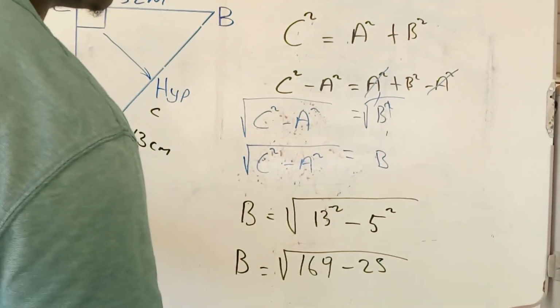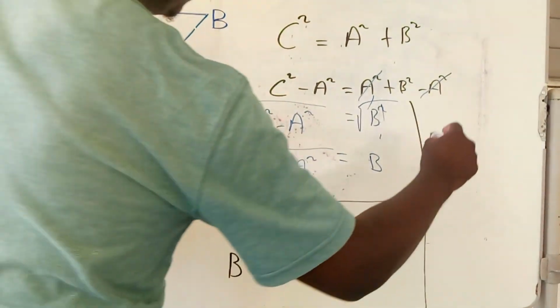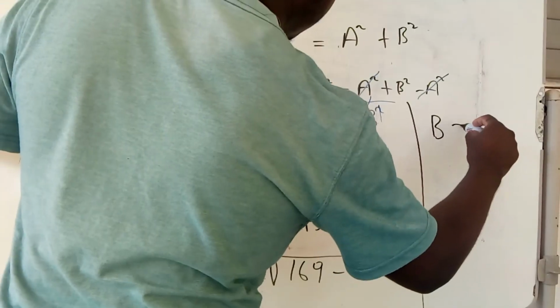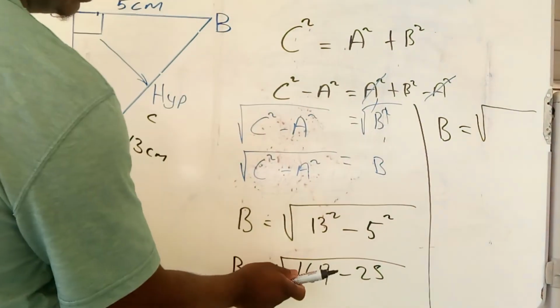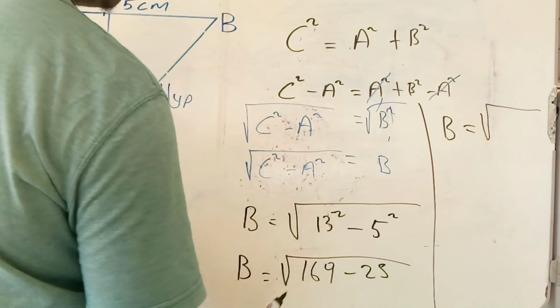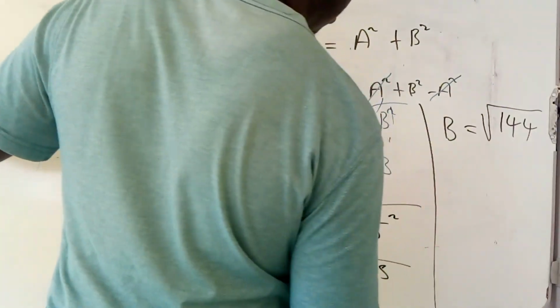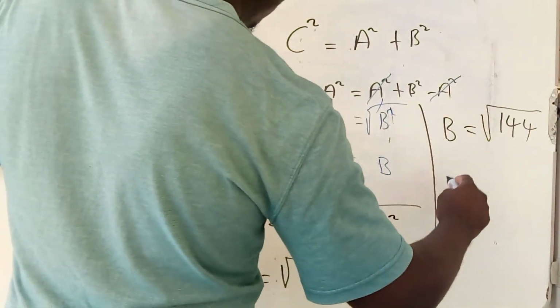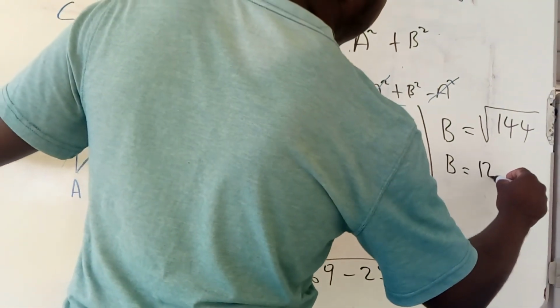So here, let's bring it over here, B is equal to the square root of 169 minus 25, which gives us 144. So when you square root 144, B is equal to 12.